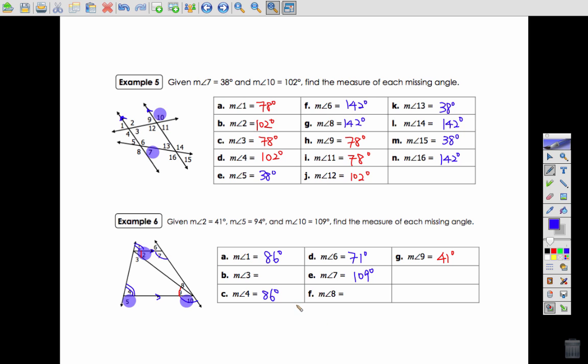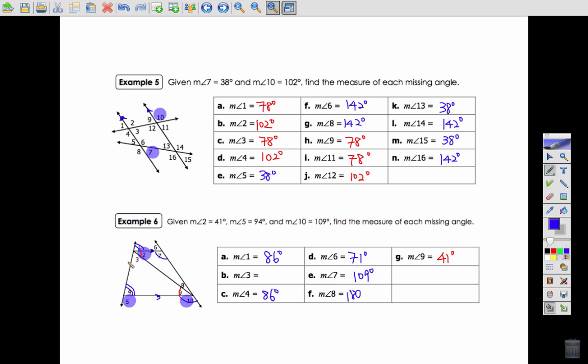So finally, for 3 and 8, let's see, is there an easy relationship? Probably not in the 4 groups of angles we just learned. However, we can look at this triangle here. The interior angles in the triangle add up to 180.